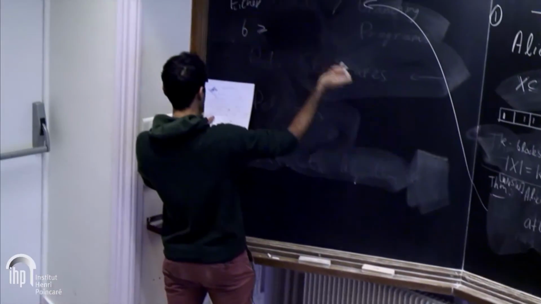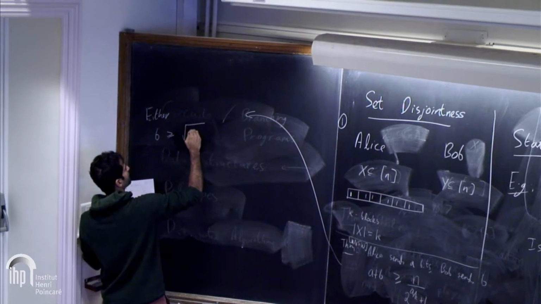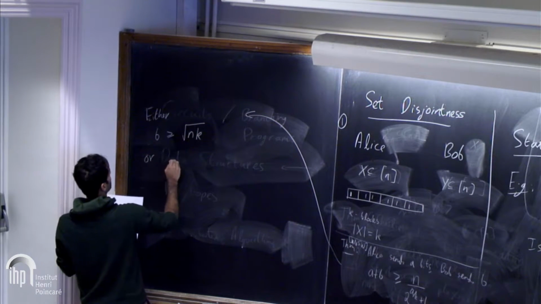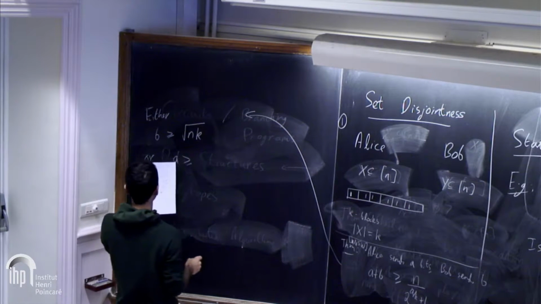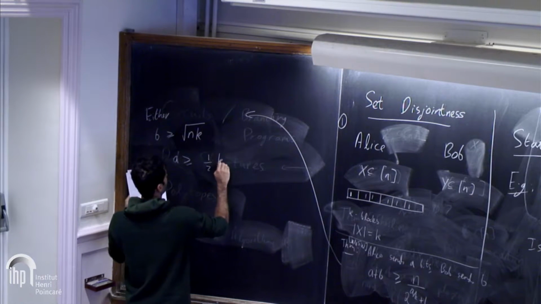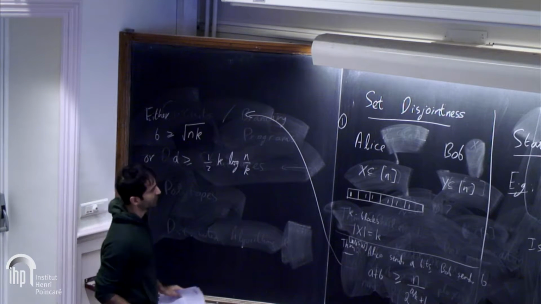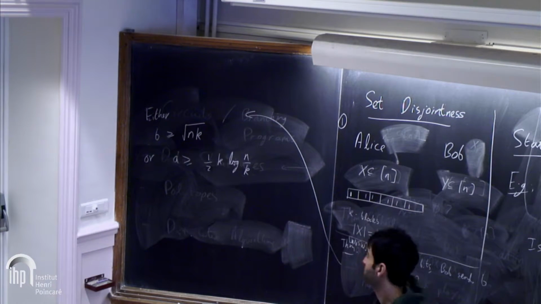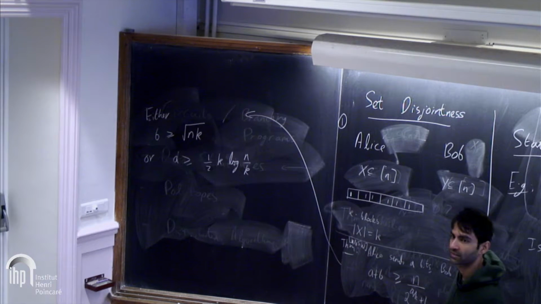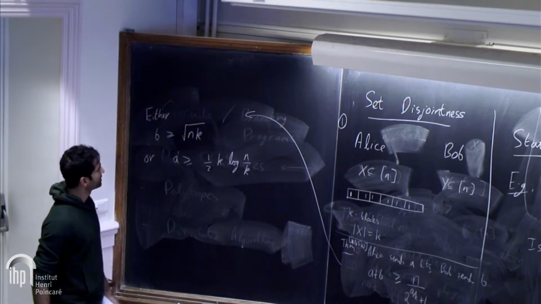One consequence of that bound that I'll keep using is that either B is at least like square root of n times k, or A must be of size at least half k log n over k. Sorry, you're saying that A plus B is greater than n over 2 to the what? A over k plus 1. Okay, it's a computation, we won't do it, but this is the form that I'll use.